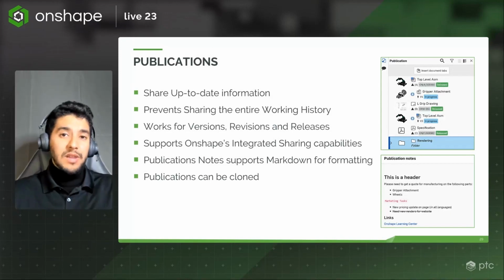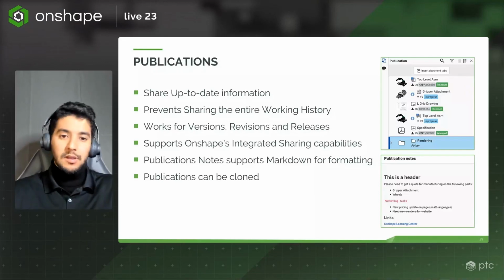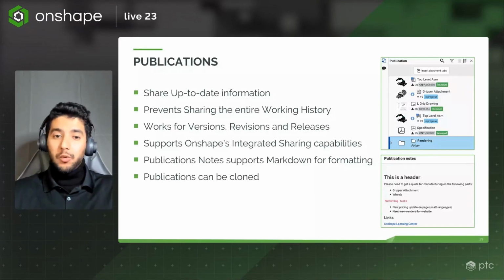Let's summarize briefly what we just looked at. So with publication, you can now share up-to-date data and information with any user with an Onshape account. Publications allow you to not share the entire working history of your design.